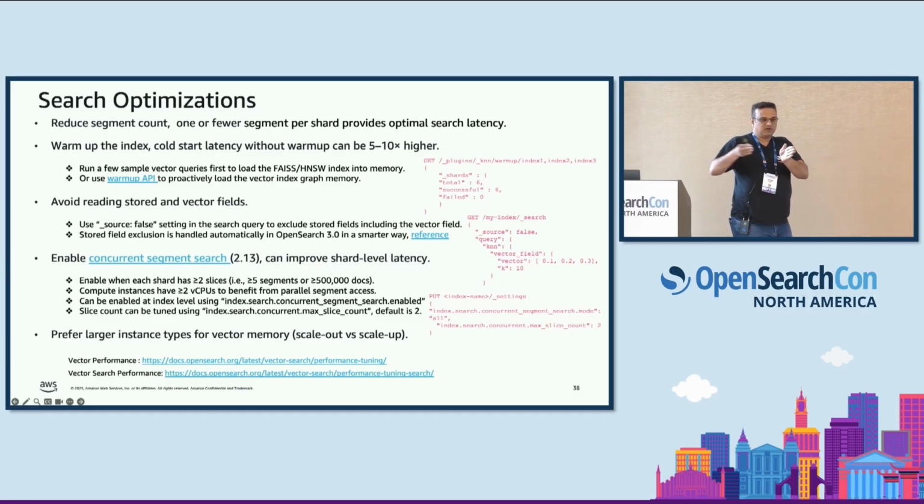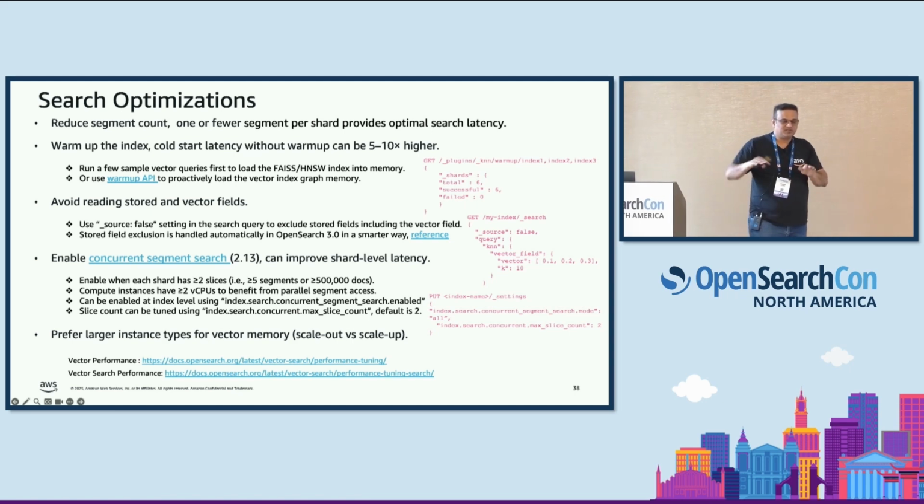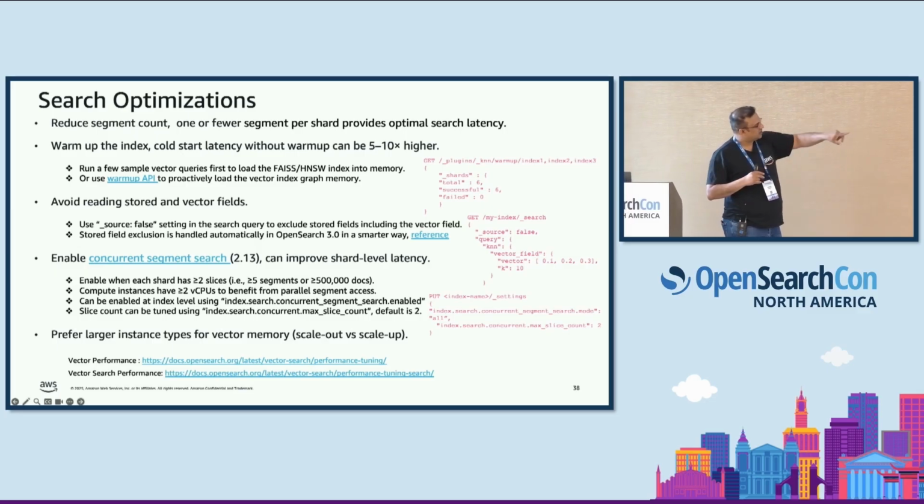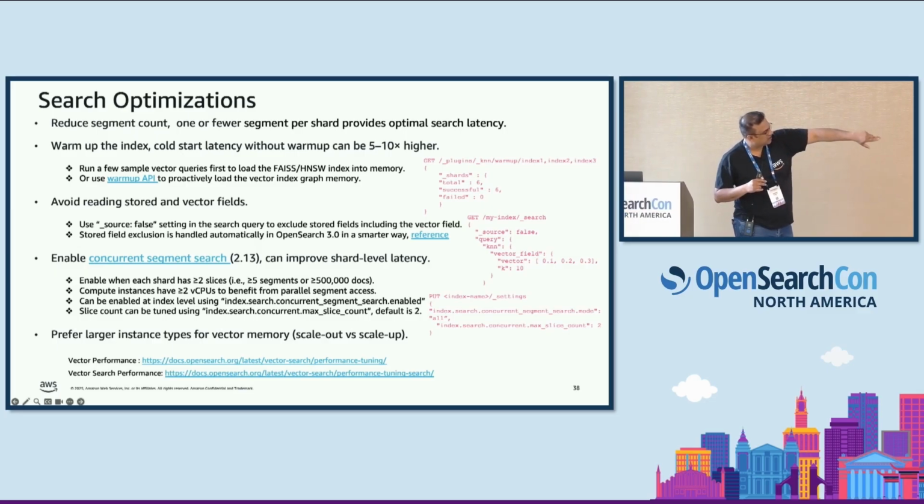So if you have more than one segment and you have enough CPUs, you can parallelize that read to improve the search performance. And this can be done by tweaking an index level setting, as shown in the example. So you can turn it on. I heard from 3.x onwards, this is enabled by default. But if you're on production with 2.13, 17, 19, it is a good idea to turn it on.